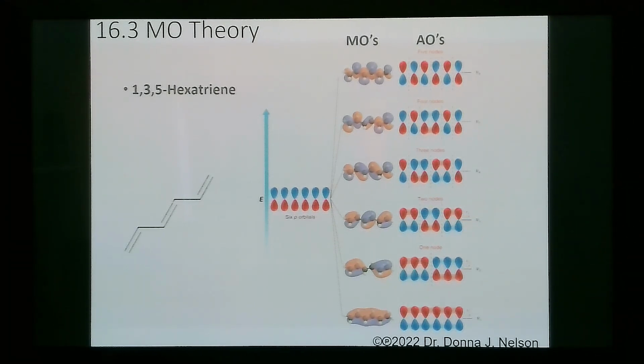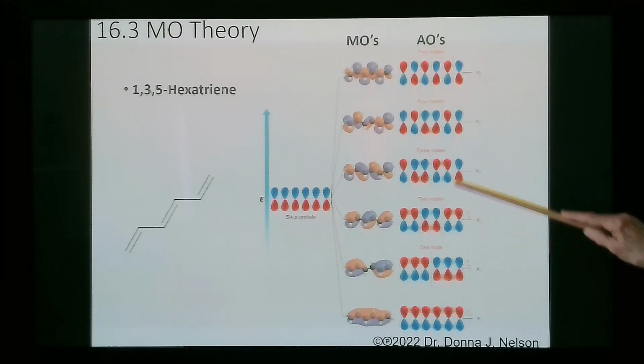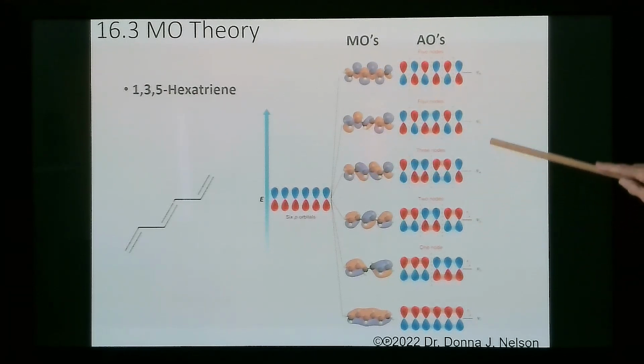Now, we very often just look at the molecular orbitals that are occupied, because the molecular orbitals that are not occupied usually do not participate significantly in the reactions.